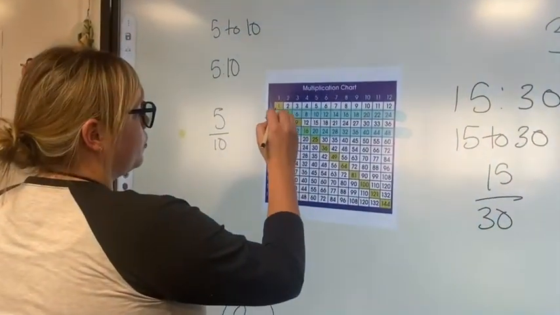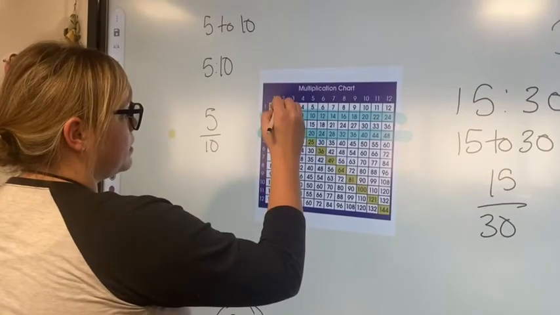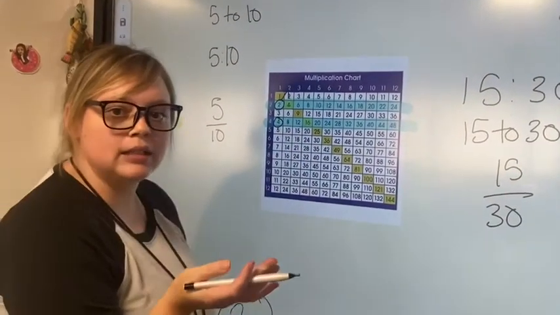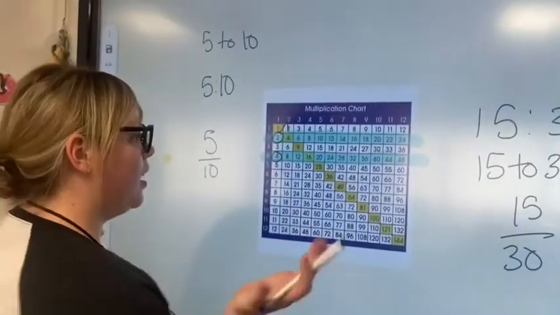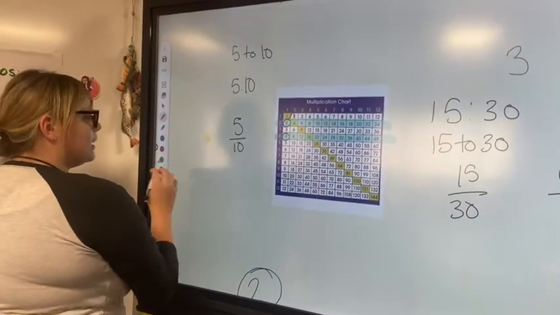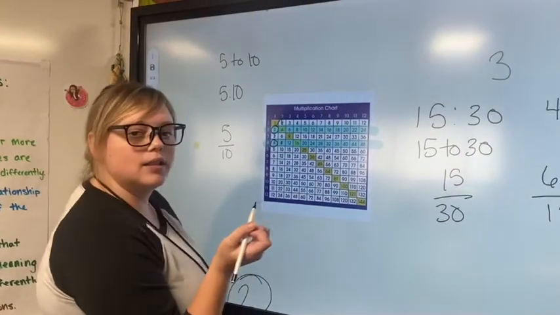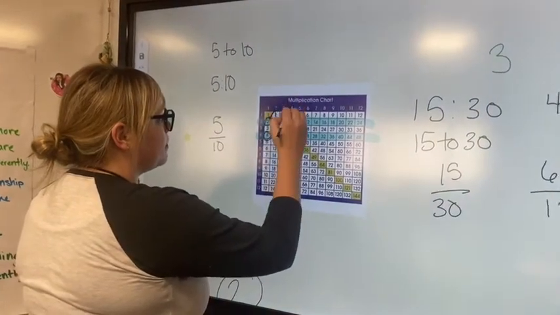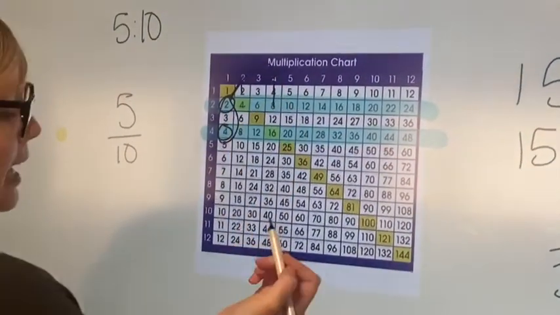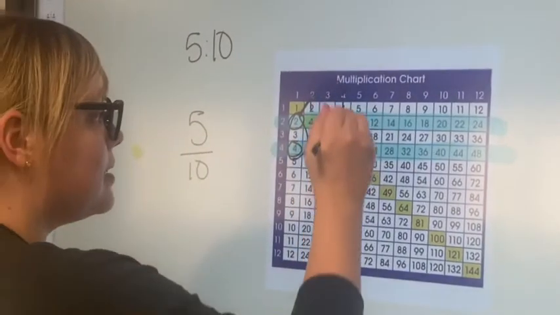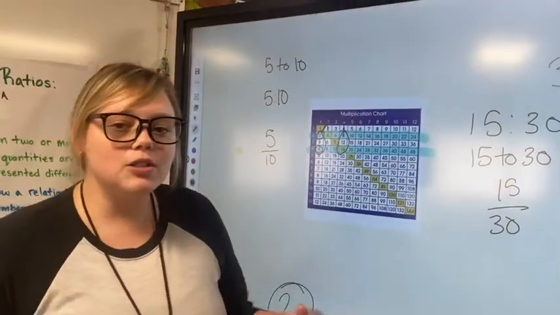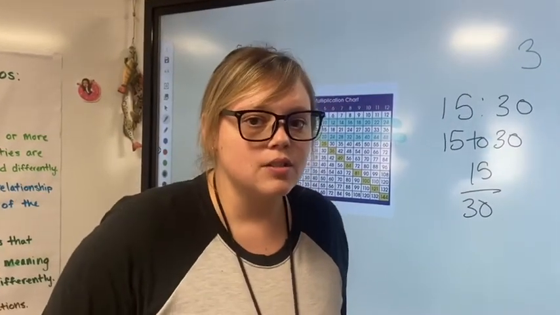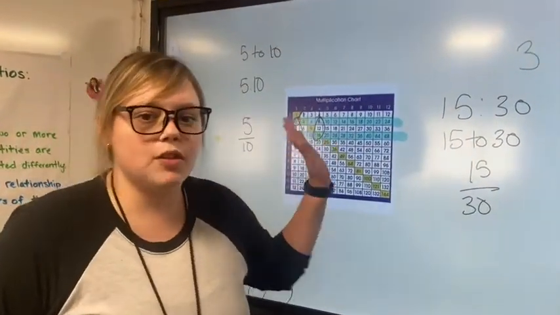So I took 2 fourths and multiplied it by 2. Well, look, it's 4 and 8. Is that what I got? Yes, Missy. Awesome. And then the second time I did it, I multiplied it by 4. So if you look here, I'm going to multiply it by 4. If I come down, it's 8 and 16, and that's what I got, 8/16. So all the equivalent ratios are just the same ratio made over and over again. If I don't want to look at my multiplication chart, that's one way.